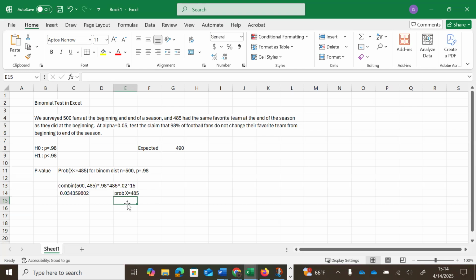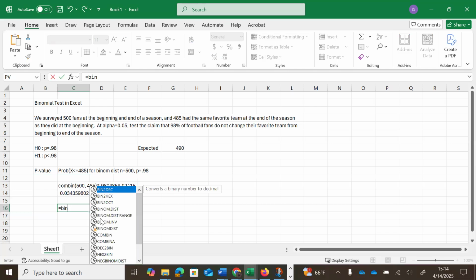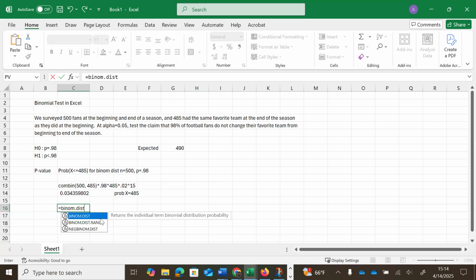Thankfully, that cumulative probability is built into Excel now. Before we do the cumulative probability, let me do this single calculation again. If I do BINOM.DIST, the number I care about is 485 out of 500 trials with a single probability of 0.98.